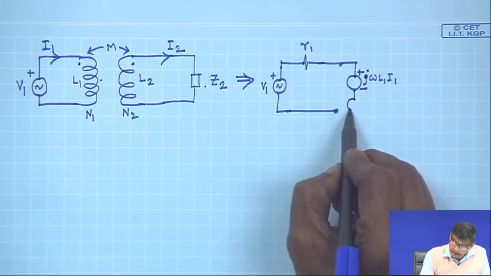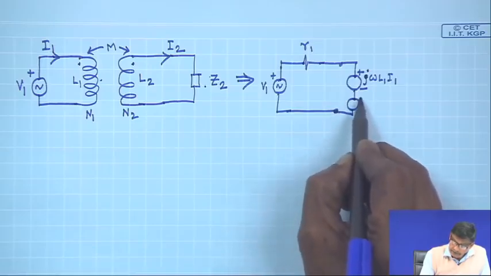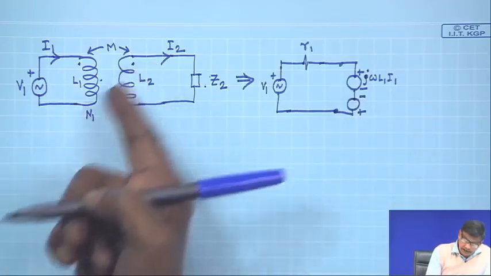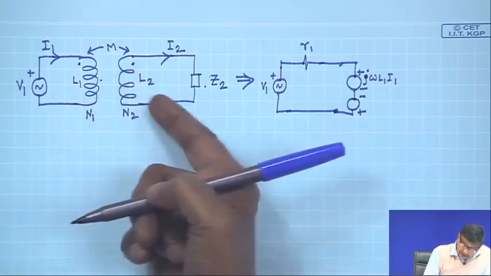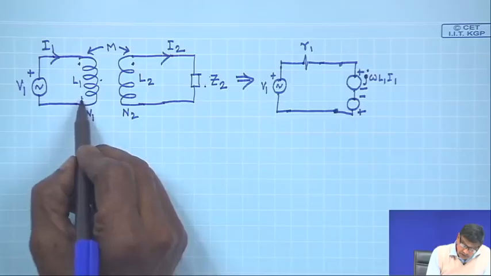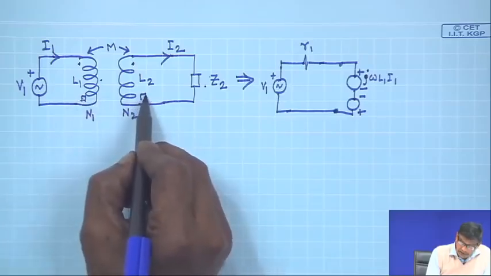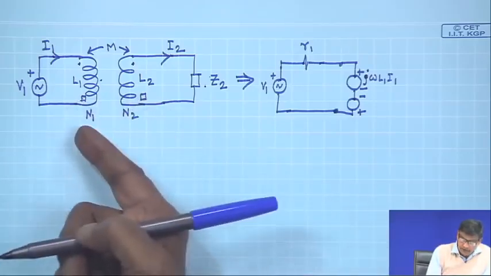Then you have another voltage drop here whose polarity will be like this because I2 is entering here, these two can also be parallelly thought of as dots.